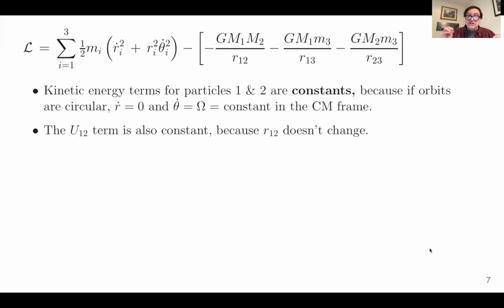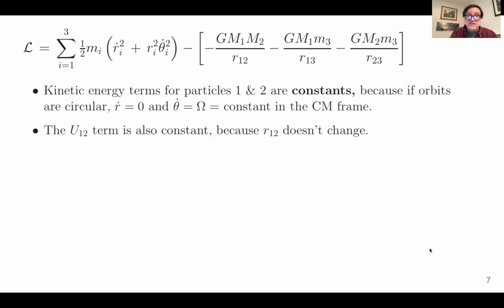They might be moving around in theta, but that means the theta dot is a constant. That's this angular rotation rate. That's also a constant. So for particles 1 and 2, the kinetic energy terms are just constants of the system.